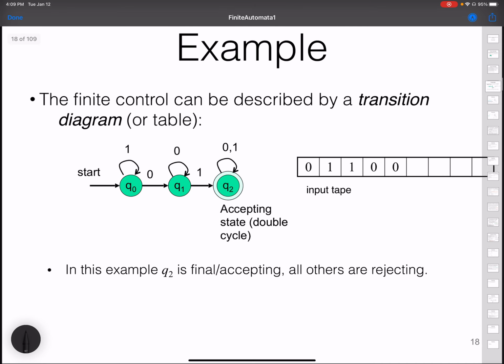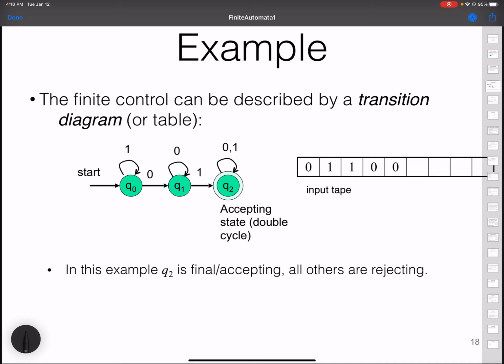Now let's get back to this example. Now that we have been talking about languages, we can see some pattern here. What binary strings will be accepted by this finite state automaton?